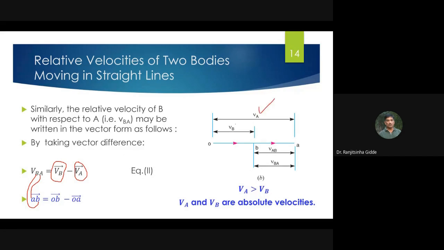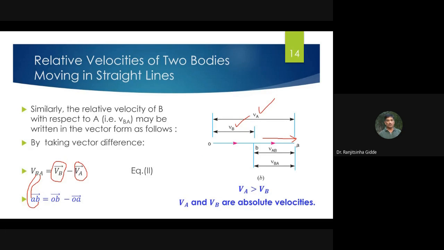So this quantity is more as compared to this. So this we have written for the relative velocity of A with respect to B, relative velocity of B with respect to A.